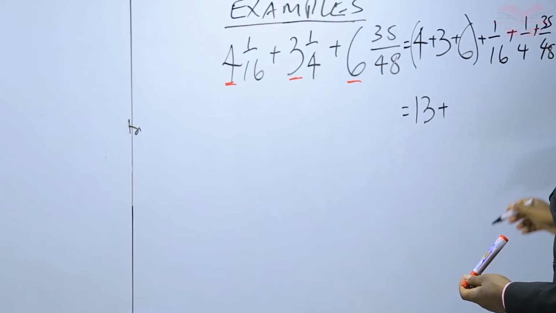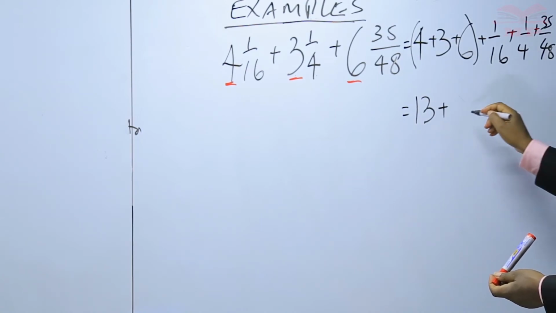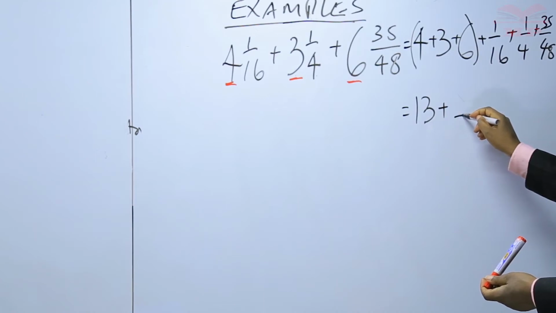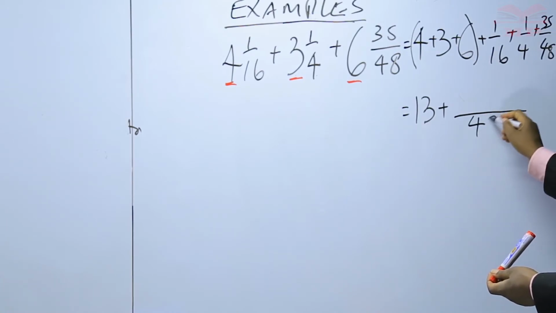Plus 1/16 plus 1/4 plus 35/48. We first get the LCM of the denominators. The LCM of the denominators here is 48.